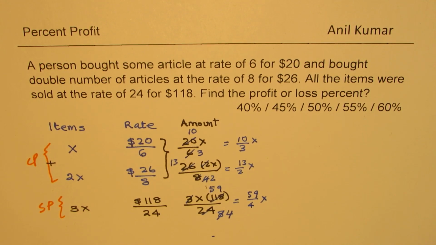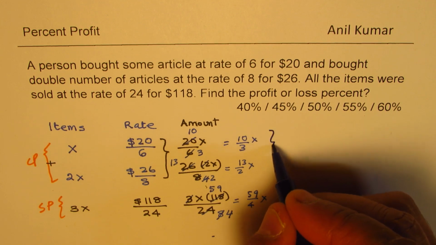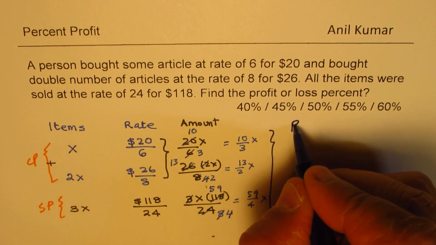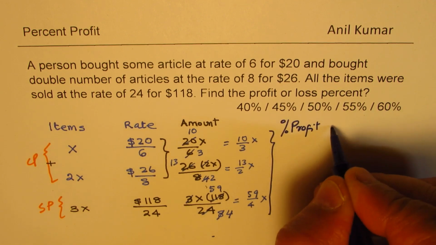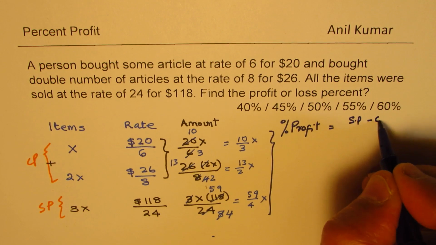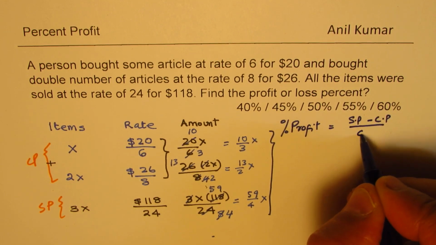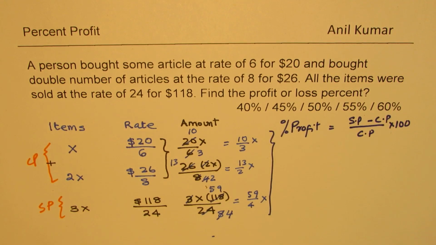Now what do we need to find? We need to find percent profit. So percent profit is selling price minus cost price over cost price times 100. That is your percent profit. So in our case, the selling price is 59x over 4.